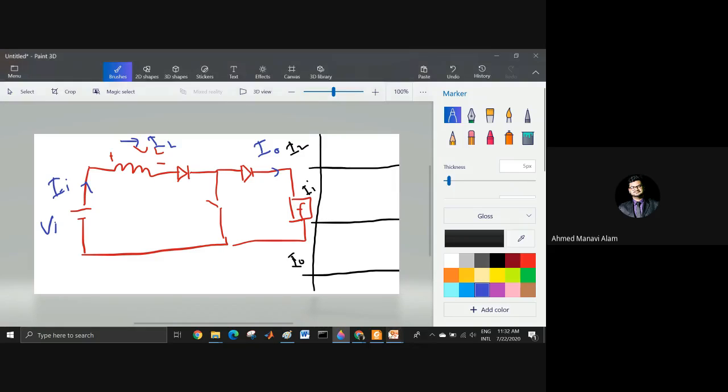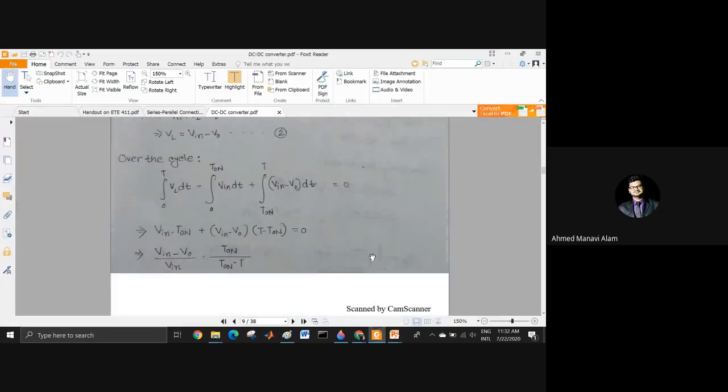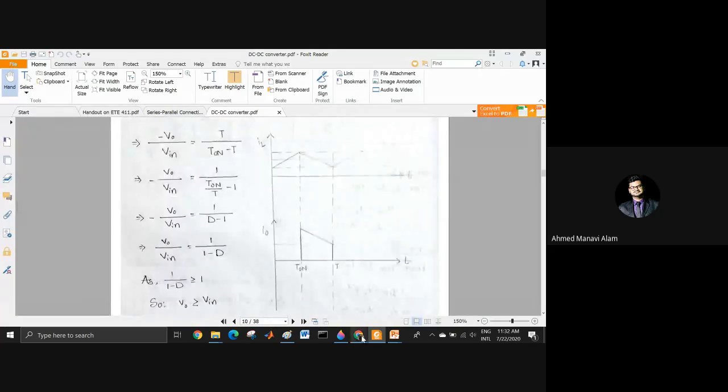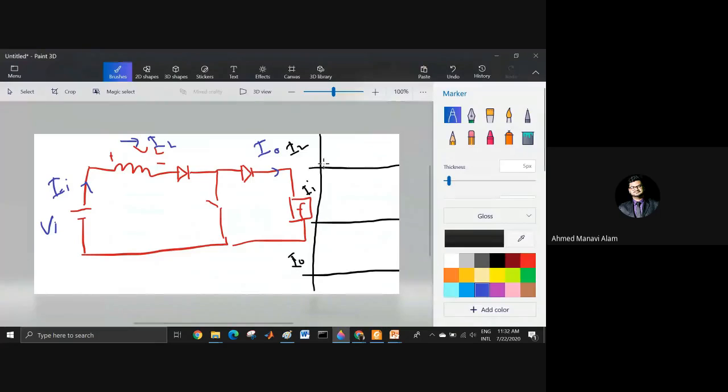Suppose this is the wave shape of IL. Suppose this is my T, this is my T on, and this portion is off.